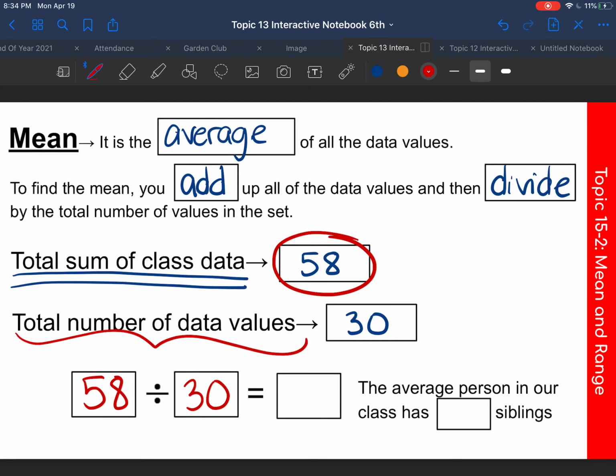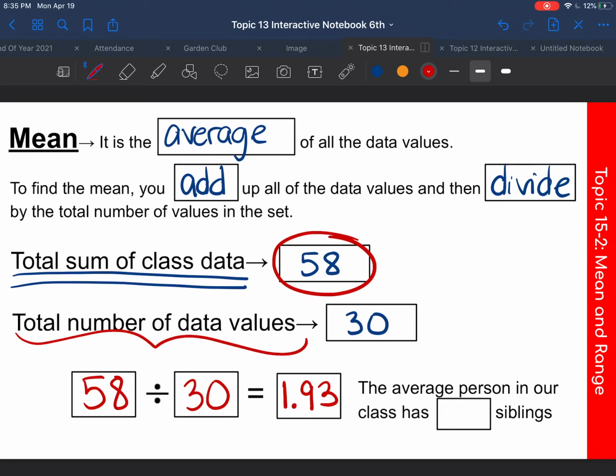So we do 58 divided by 30. So we end up getting, and I'm going to round, 1.93 hundredths. Now, it's not possible to have less than or a part of a person, okay?